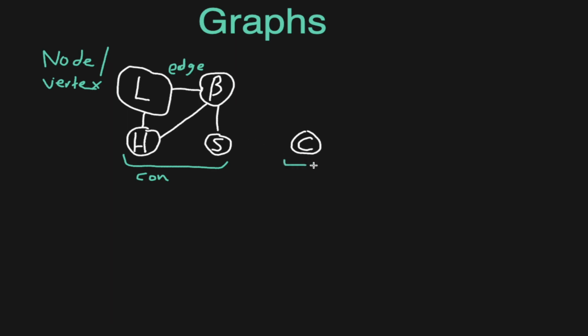But here we can see that Clarence over here is disconnected, so I'll write DC here. So this is called an undirected graph because there's no direction between the two nodes, in comparison to a directed graph.